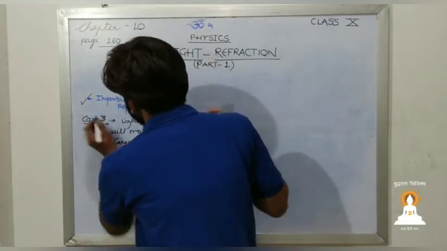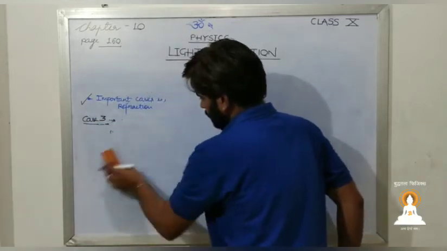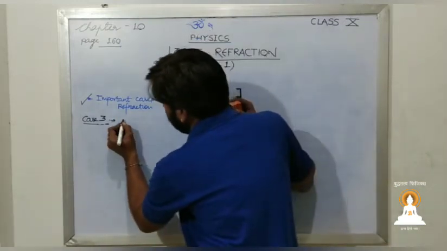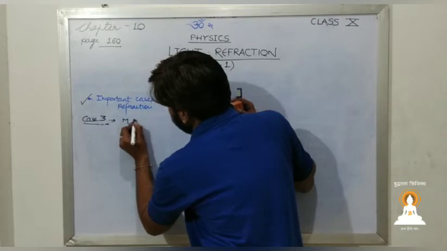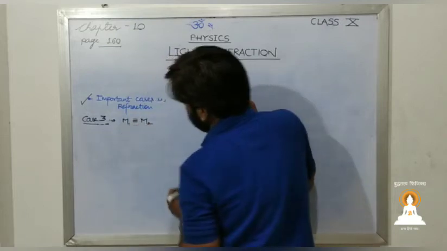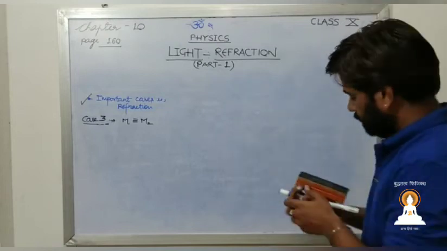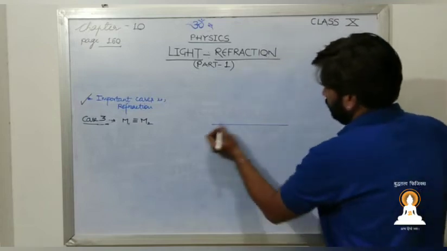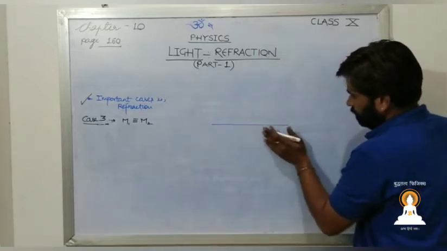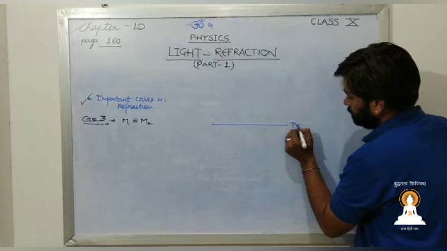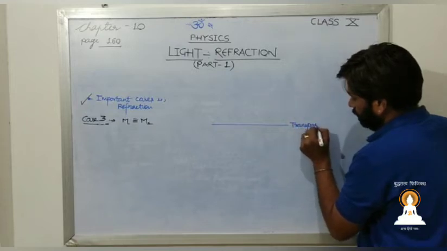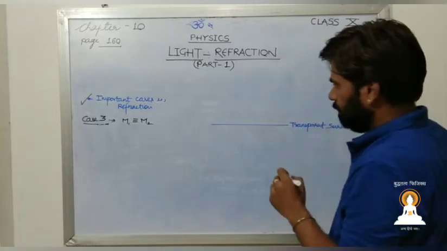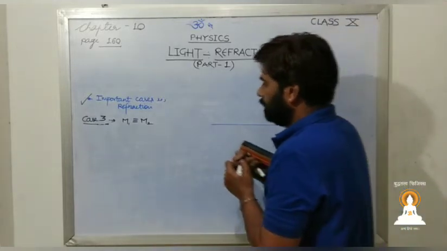Now case 3. Suppose medium 1 is equal to medium 2, meaning a single liquid. Suppose this is the intersection surface of two transparent surfaces.